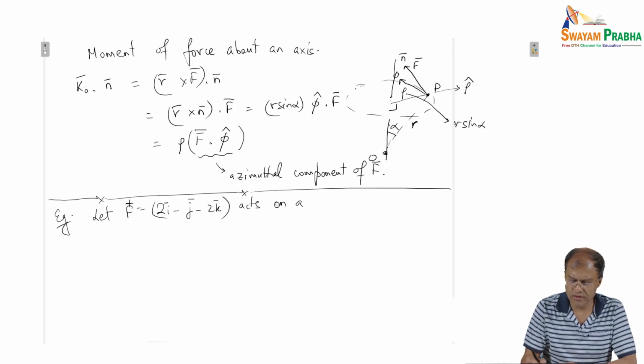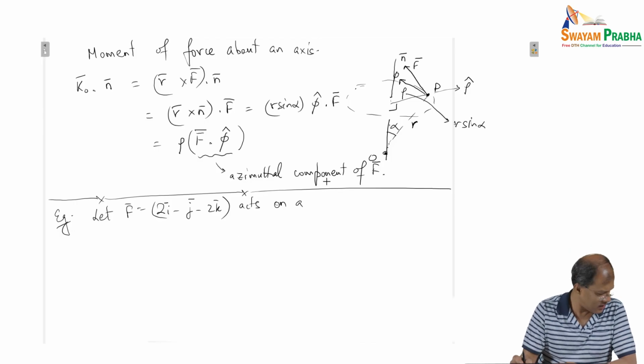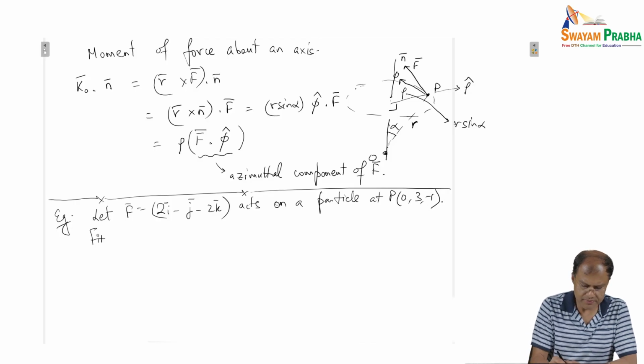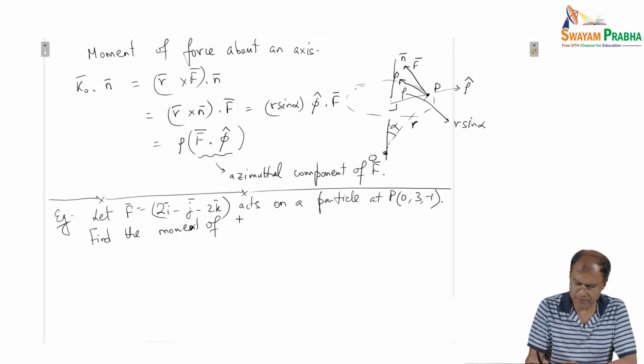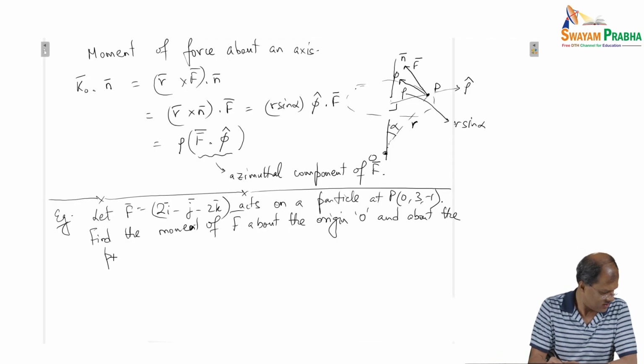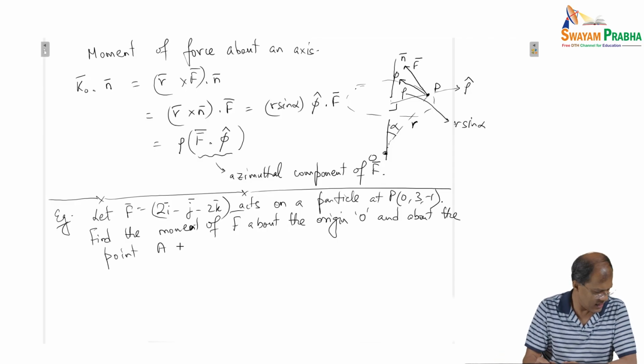So we are given a force in 3D space acting on a particle at P with position vector (0, 3, minus 1), and we find the moment of F about the origin O and about the point A being (minus 2, 4, minus 3).